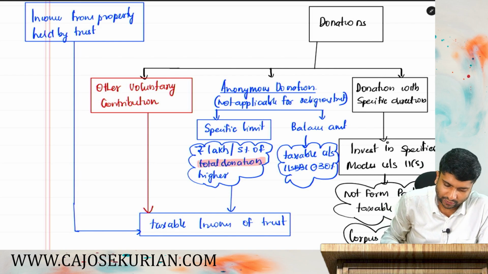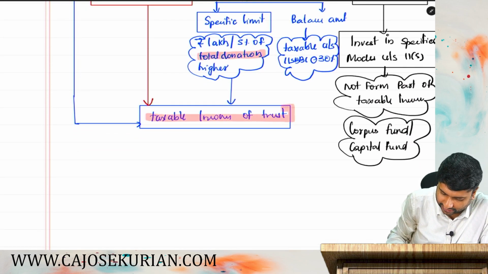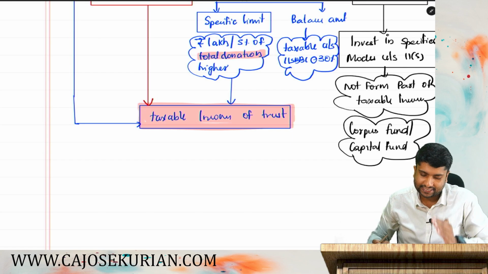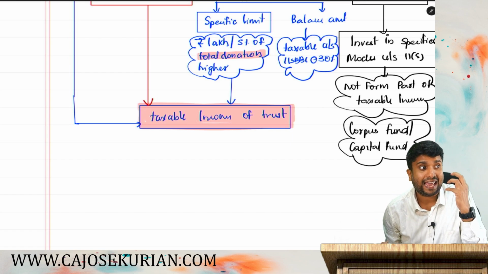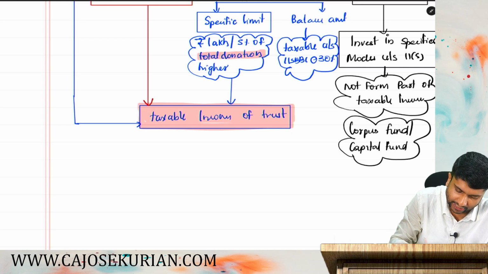Now, the next question is this figure, that is the taxable income of the trust, do we have to pay taxes for this figure in full? The answer is no. Taxable income of the trust, you can claim certain exemptions and benefits. That's what we are about to discuss right now.